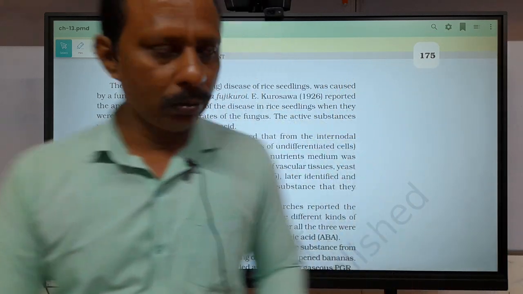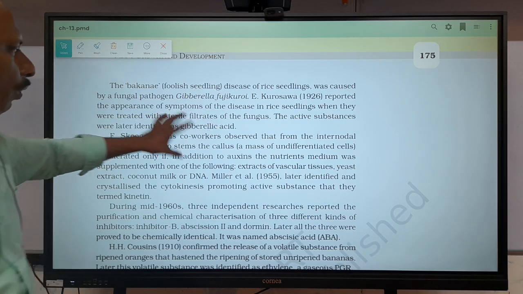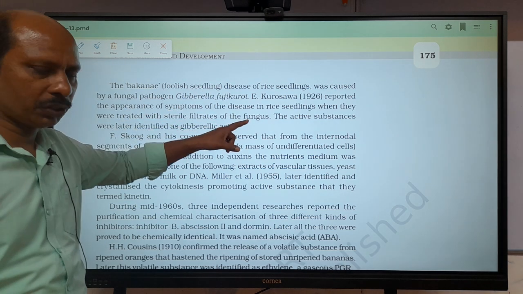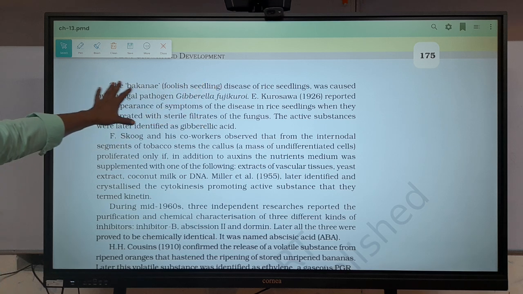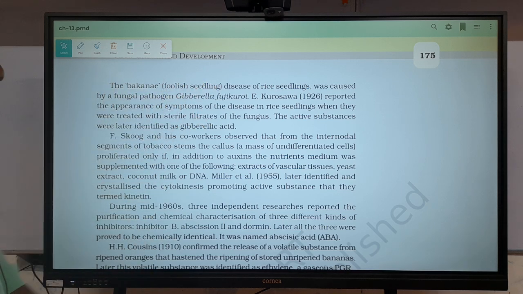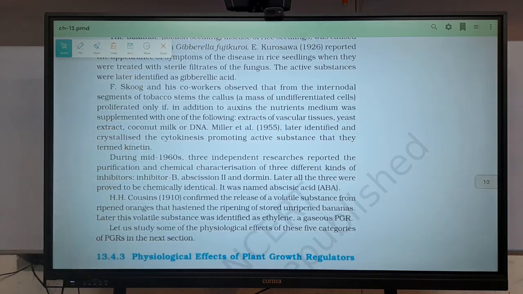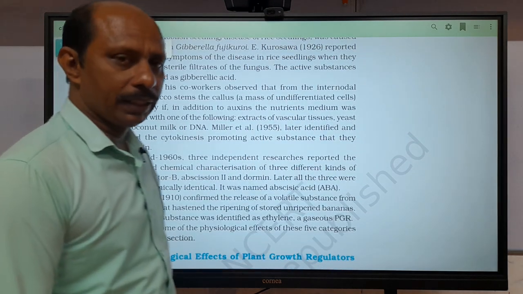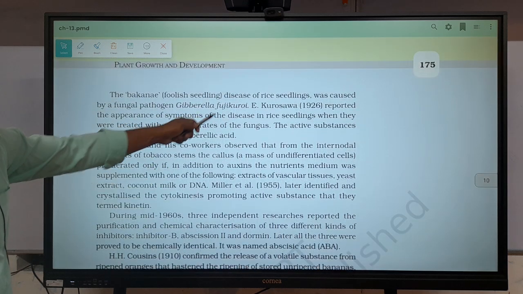So when the extract of this fungus is sprayed on the rice, it shows the Bakanae disease, right? And this active substance was later identified as gibberellic acid, GA3, because the name comes from Gibberella fujikuroi.